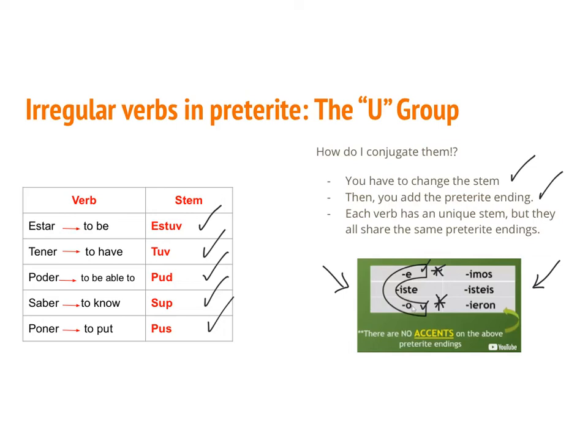So you don't have to mark accents there. You mark the ending when you pronounce the conjugation, but you don't write the accent. So remember, each verb has a unique stem, and those stems have a connection, the U, but they all share the same preterite endings, and these are the endings again.